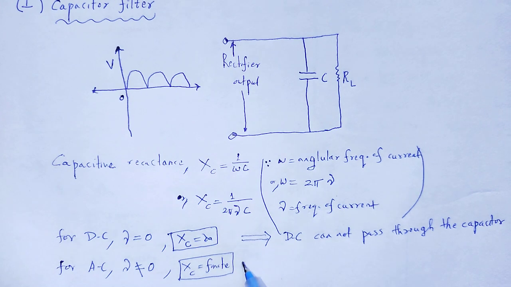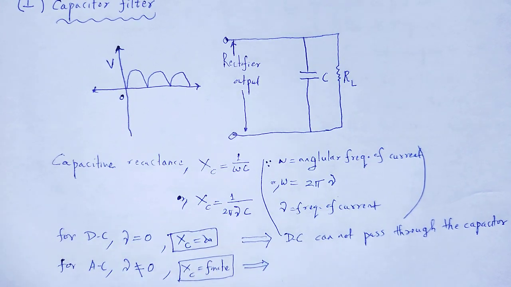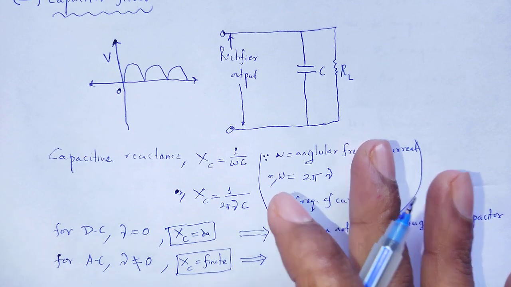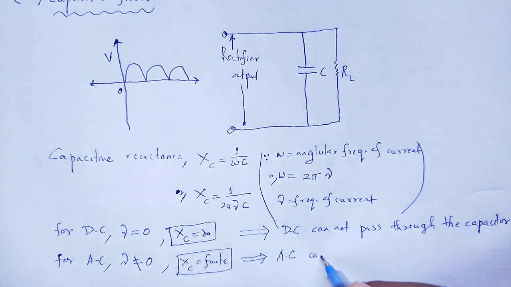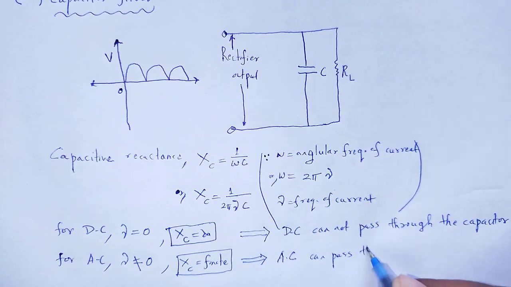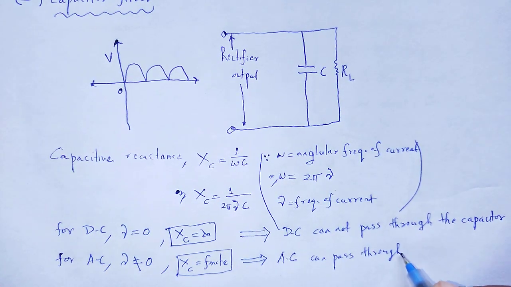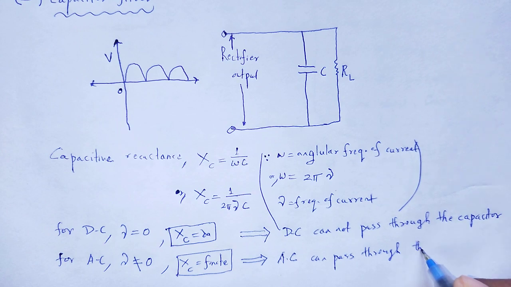But in case of AC, as the value of Xc is finite, AC can pass through the capacitor.